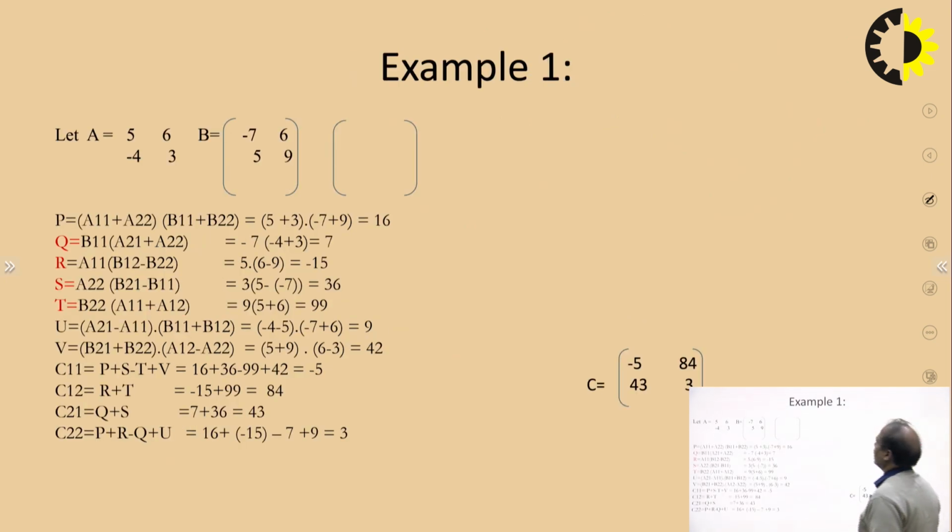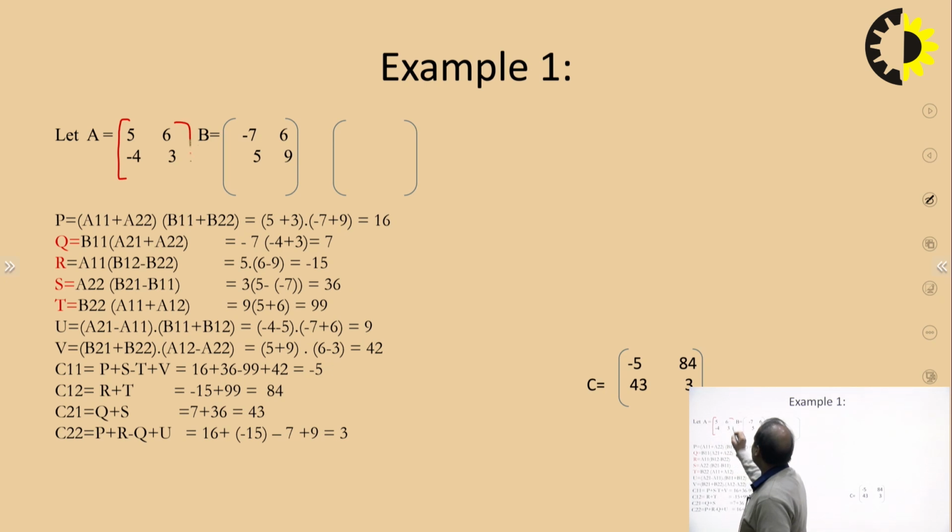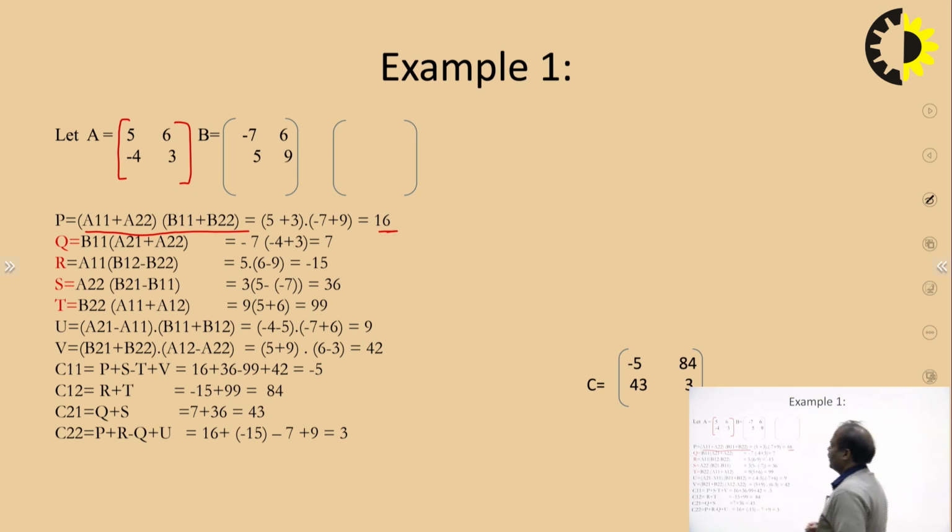Let's have one example. Suppose this is your A matrix, and this is B matrix. So let us compute P. P is this, same method we are using. After computation, it is giving 16. Then Q: B11 is minus 7, and B21 is minus 4 plus 3, this is 7.